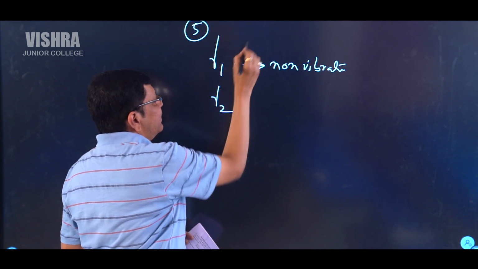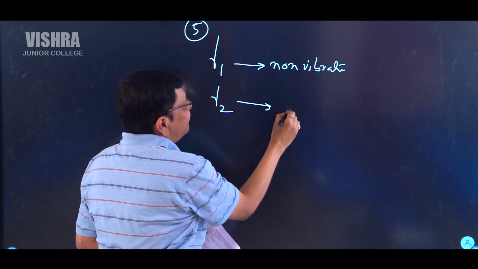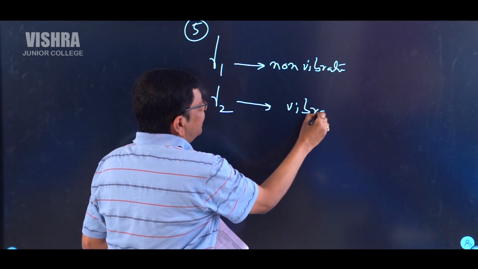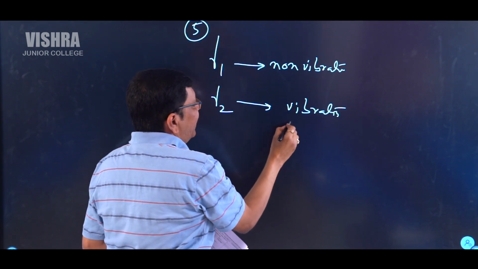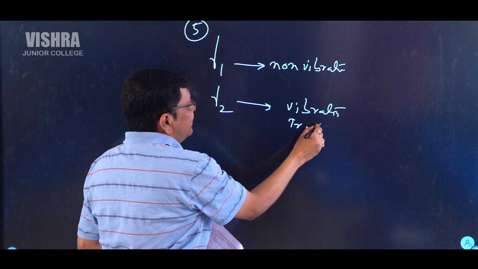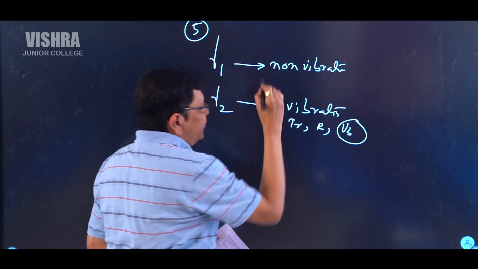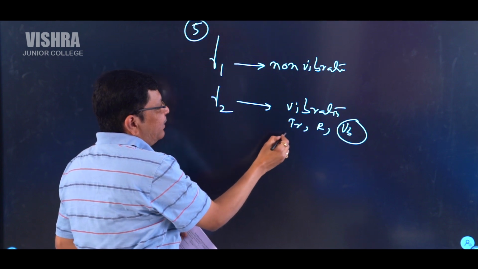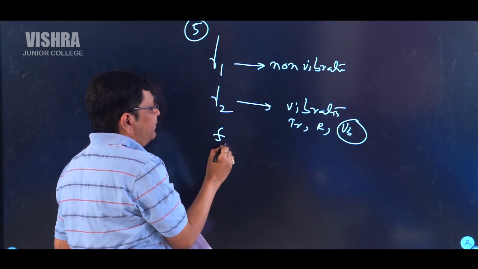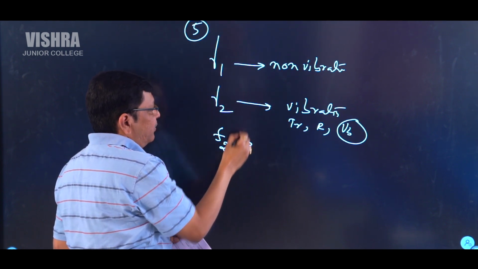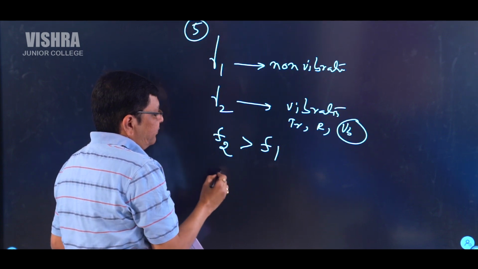In both cases it is diatomic. Vibrating means it will have translational kinetic energies, rotational kinetic energies, and kinetic and potential energies due to vibration. That is why the number of degrees of freedom of the gas in the second case will be more than in the first case.